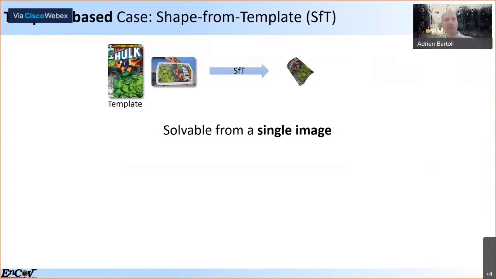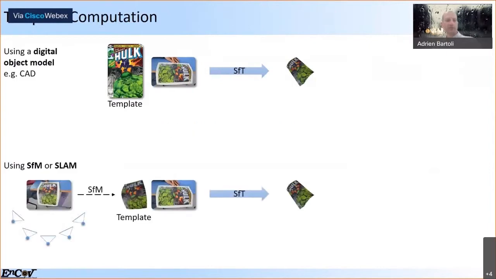The ability to solve from a single image only is a very nice property because it means we can solve in real time without relying on past images, past observations, and so we don't need tracking and these sorts of things to be able to recover from failure, for instance. So that's a nice property. In practice, the template is available from a digital object model, which is a very common case.